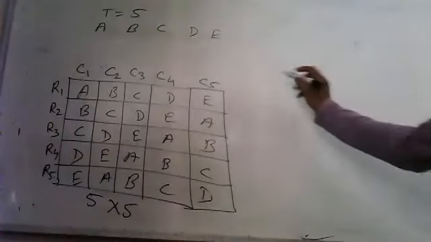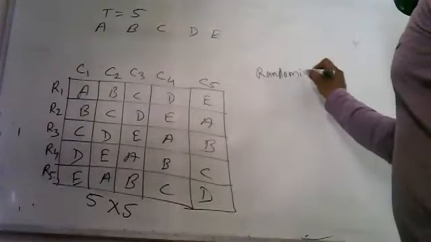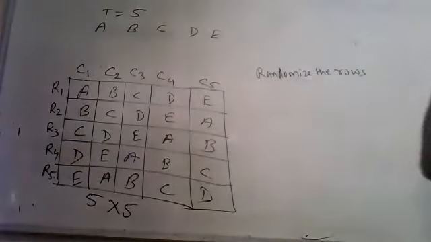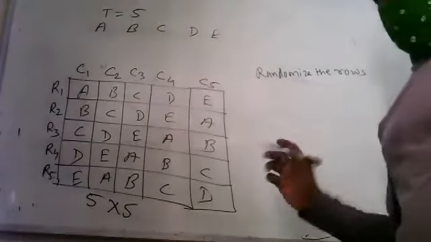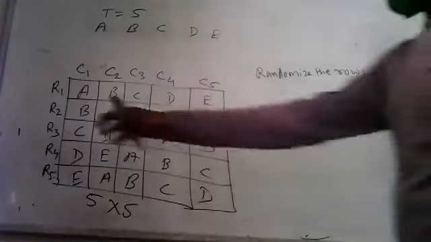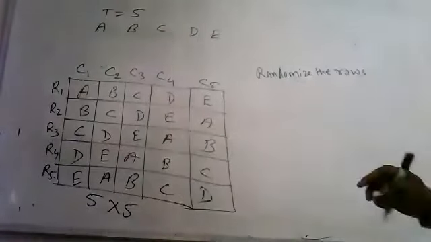Now, first we have to randomize the rows. हमें क्या करना है, रोज को रैंडमाइज करना है, बराबर. सीक्वेंस में R1, R2, R3, R4, R5, उसको हमें रैंडमाइज करना है, बराबर.